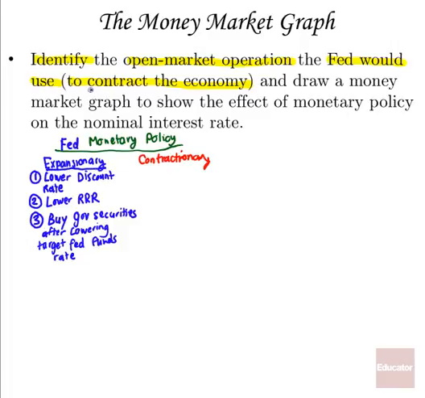Now, the open market operation that the Fed uses to contract the economy is the opposite here. So let's take a look at what the Fed could do to contract the money supply. They could raise the discount rate.